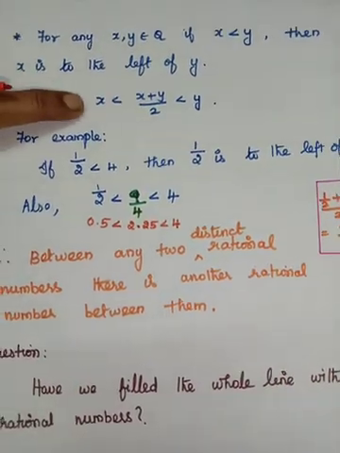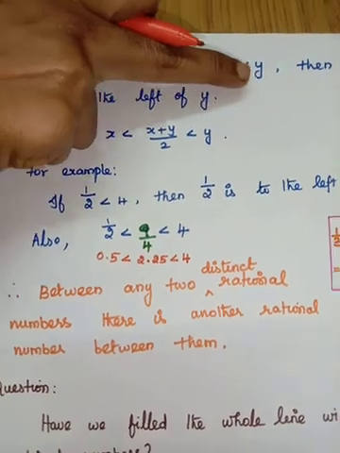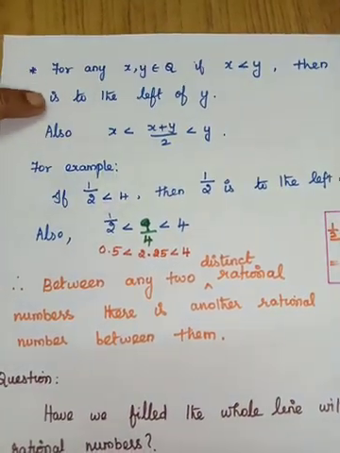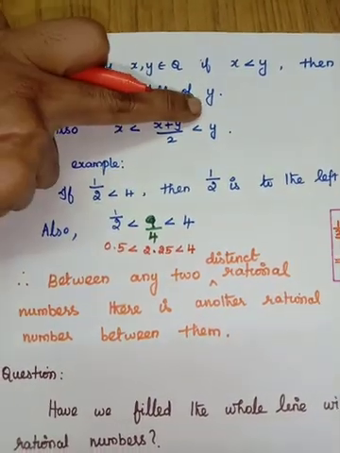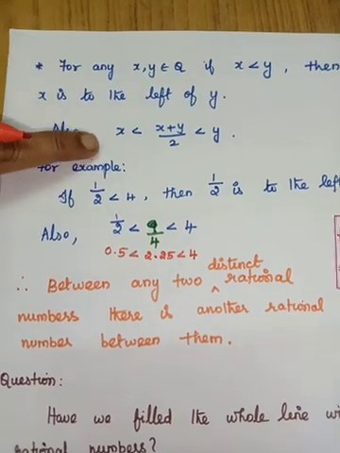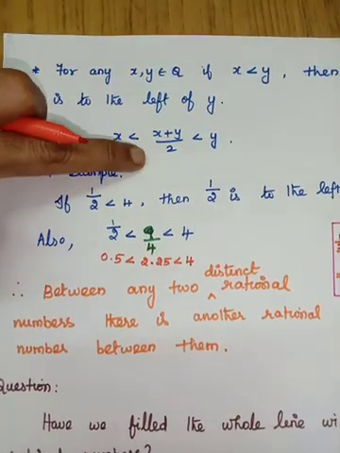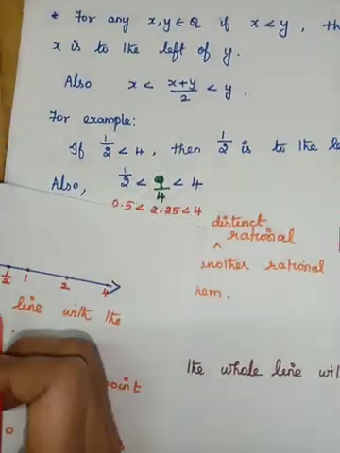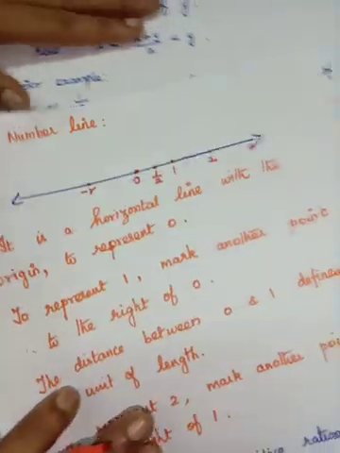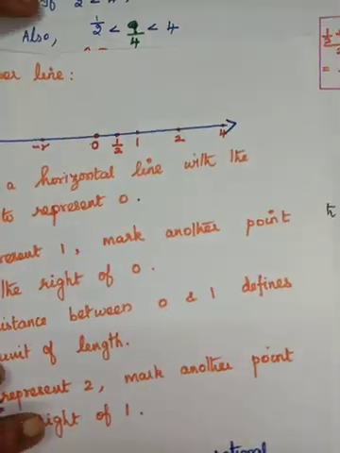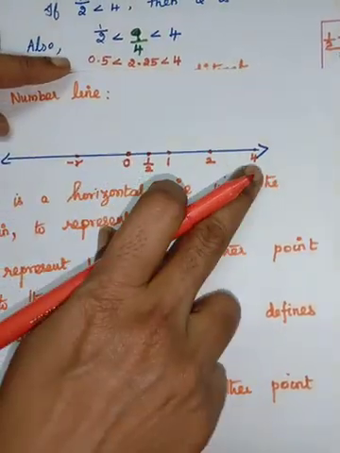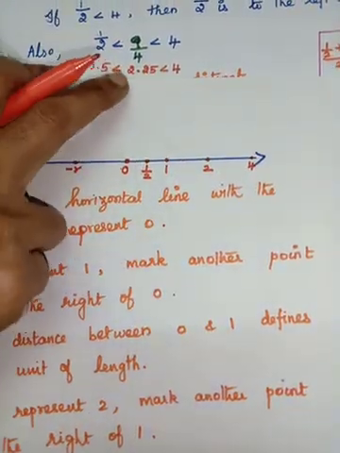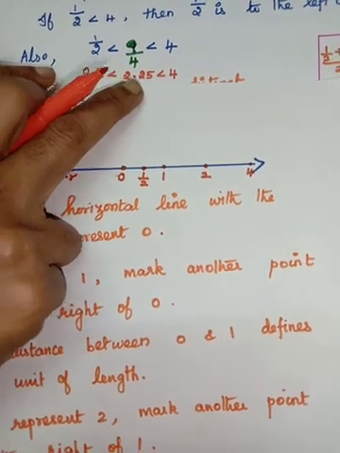That's why I have said here, if x is less than y, x is written to the left of y, and x is less than (x plus y) by 2, which is less than y. So we'll mark all those things on the number line. Already I have marked 1 by 2 and 4. Now what is the average of those two numbers? 2.25.